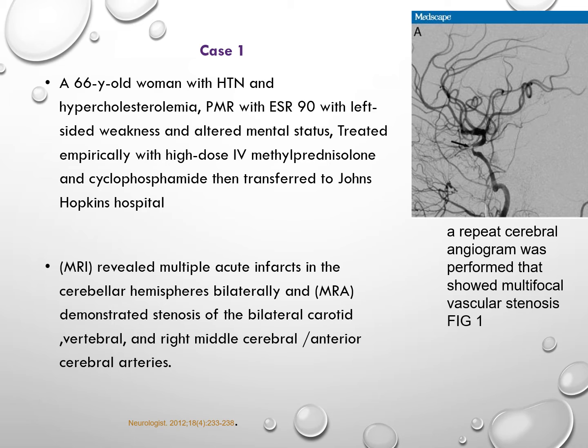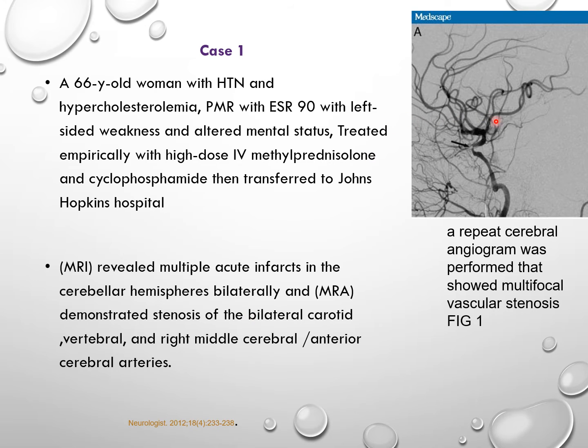So the first case is a 66-year-old female patient, hypertensive, with a high ESR of 90 and known to have BMR, with slight weakness on her left side as well as altered mental status. This patient was treated with high-dose IV methylprednisolone and cyclophosphamide, and the MRI revealed multiple areas of stenosis or occlusion.